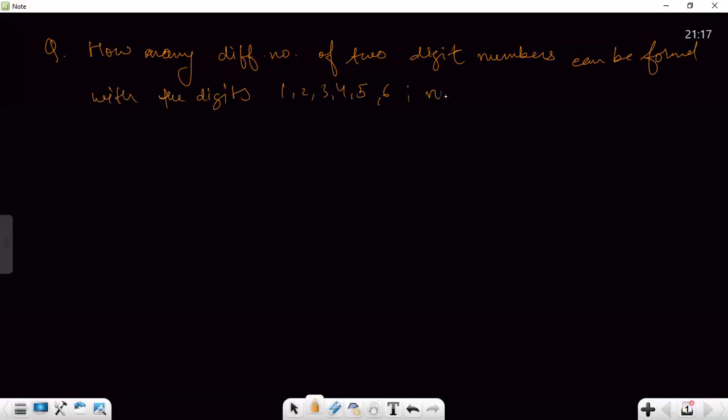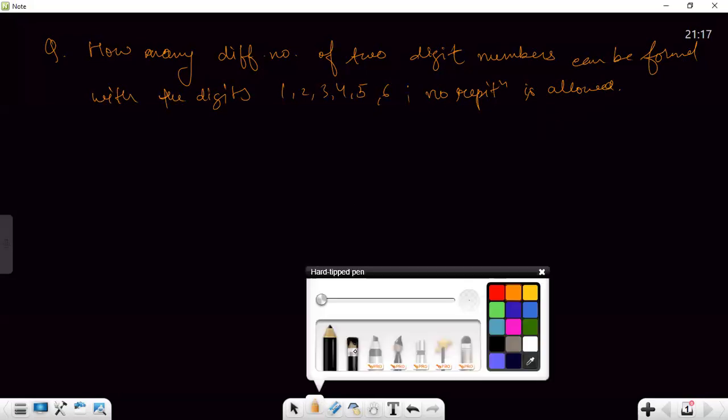Remember, no repetition is allowed. So that is the question. We have to make two-digit numbers.